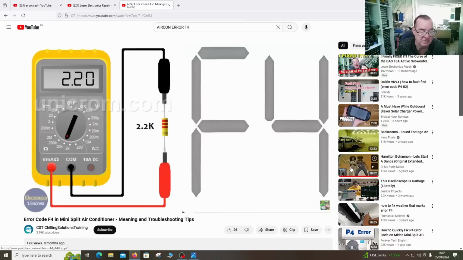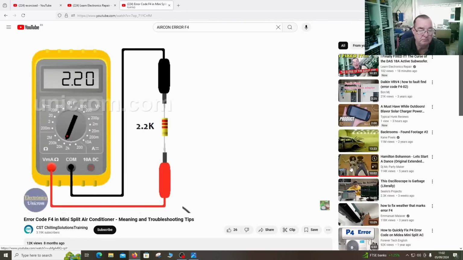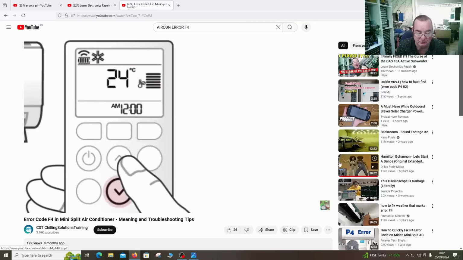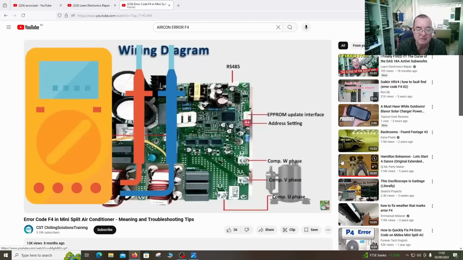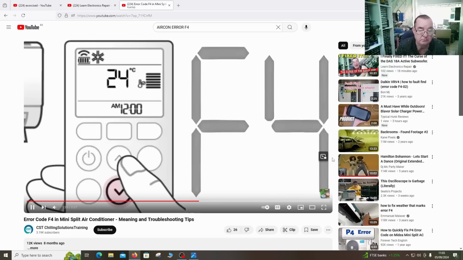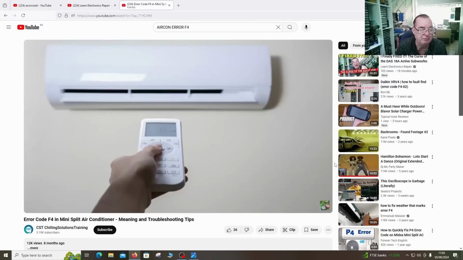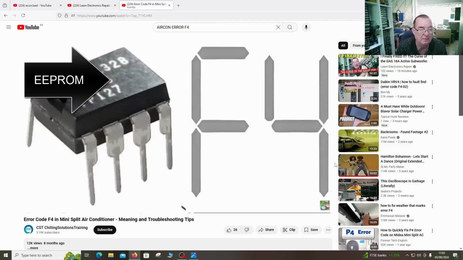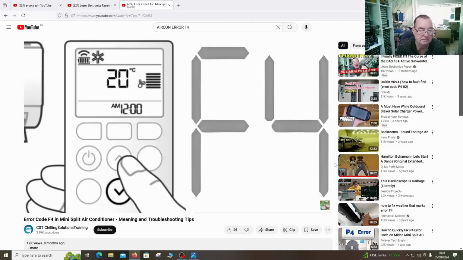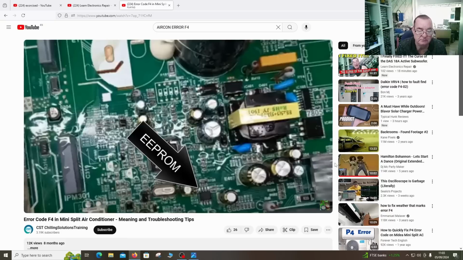Make a detailed measurement, first of the resistances near the memory, then of all the resistances. If any resistance does not come close to what it should be, replace it carefully. Once the electrical resistance is replaced, try to start the equipment again to see if the F4 error disappears. If the F4 error persists, the problem is likely directly related to the EEPROM. In this case, the memory must be replaced with another one that has the appropriate programming.